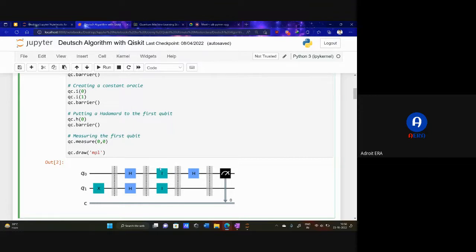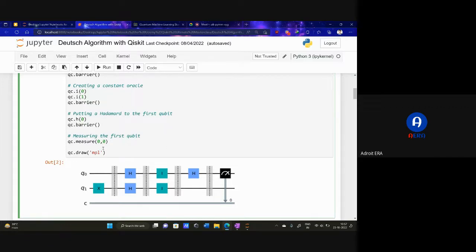Okay, and then you measure the first qubit. This circuit is very similar to what we have analyzed just now. So you can see how it matches. This is what you need to do: whatever there is in theory, you should try to implement something similar in practice also, and verify whether it really works or not.